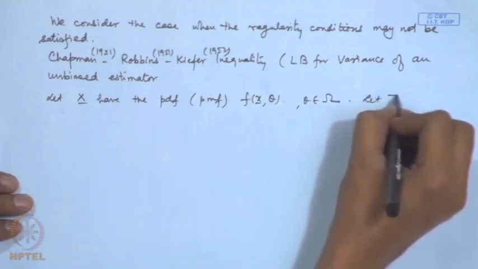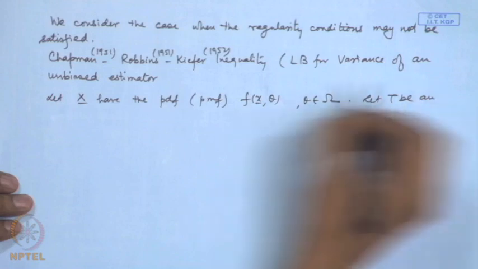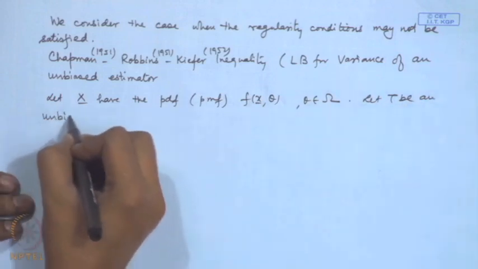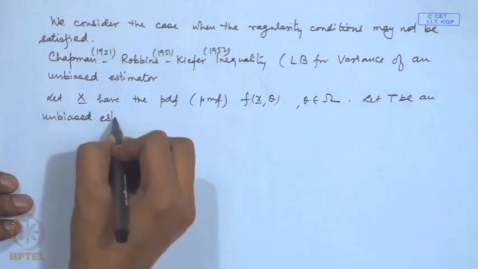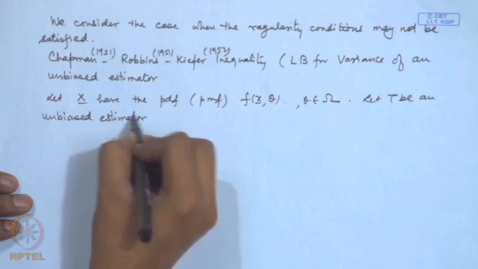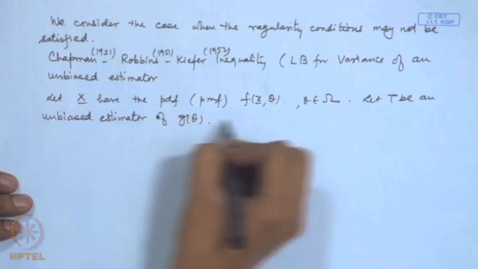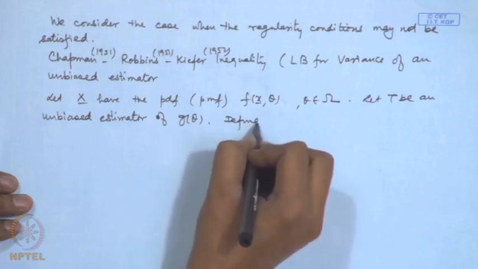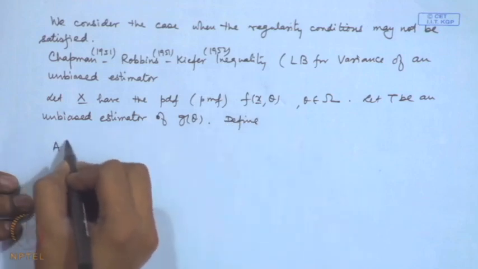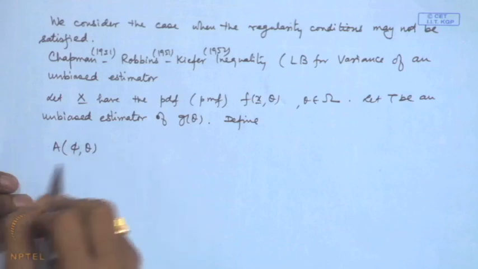Let T be an unbiased estimator of g(theta), and define a term A(phi, theta).